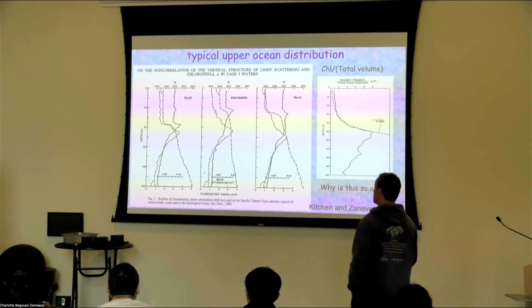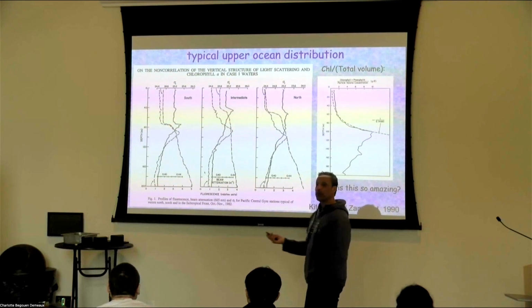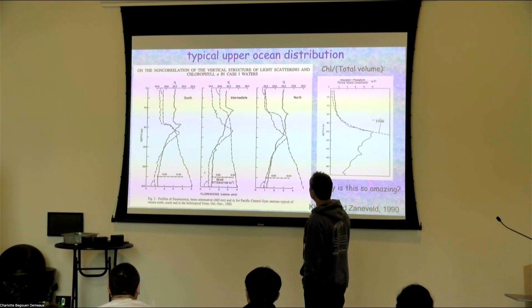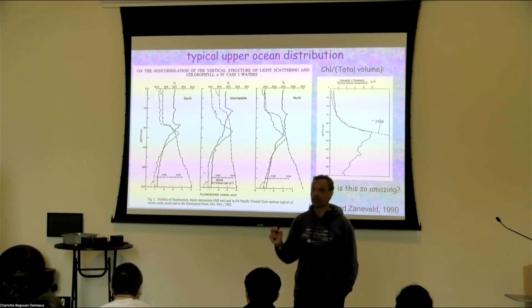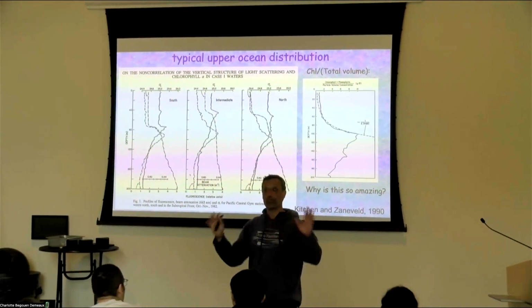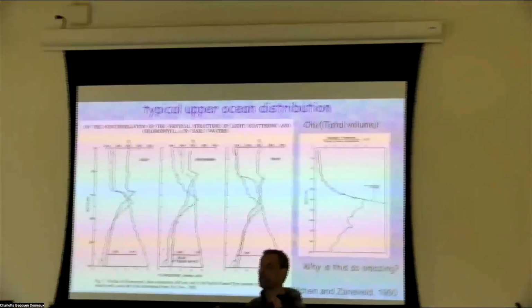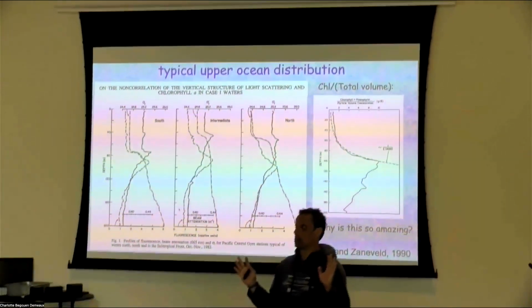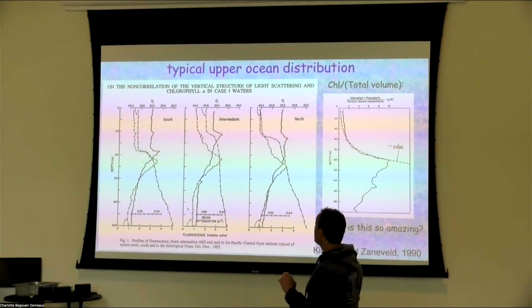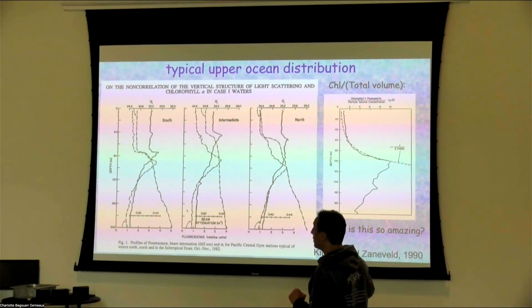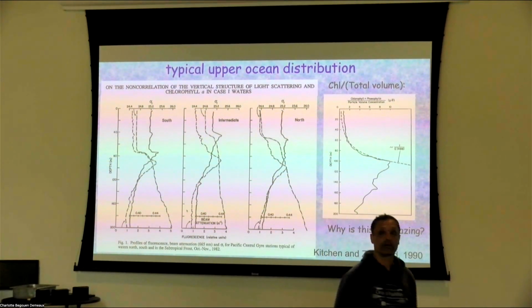Because in other papers, particularly by a group in France, they found a really nice correlation between scattering and chlorophyll in the surface ocean. In the surface open ocean, chlorophyll can predict the attenuation and scattering relatively well. But if you try to do it in the vertical, it doesn't work at all.